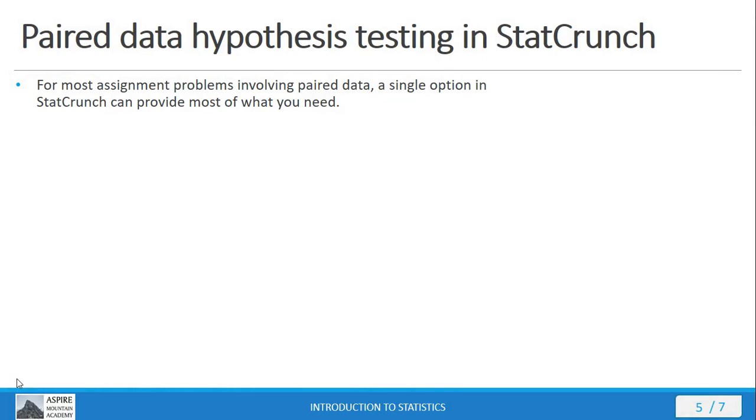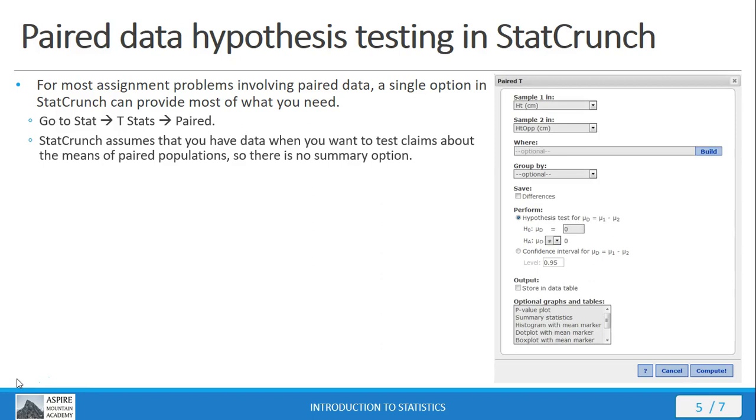So for most of the assignment problems, you're going to want to use StatCrunch, and there's a single option in StatCrunch that can give you most of what you need. Just go to Stat, T-Stats, Paired. Now, one of the things you notice about this series of menu options is that there's no option for with data or with summary. The reason for that is that when you get to the options window, there's only one option.